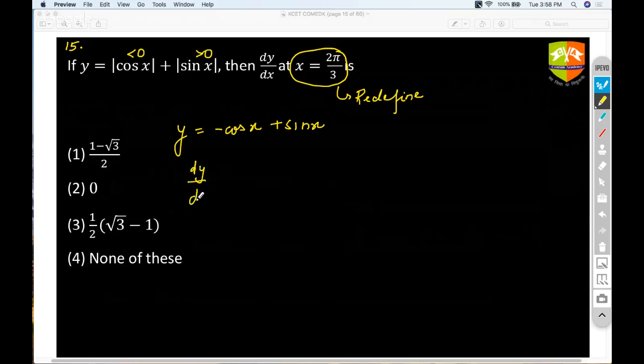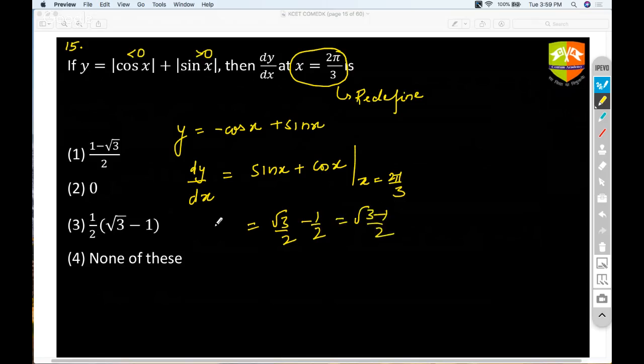So just find dy by dx for this expression, which is going to be sin x plus cos x, and put the value of x as 2 pi by 3. That's going to give you root 3 by 2 minus half. So it's root 3 minus 1 by 2. That's going to be the right answer. So yes, option number 3 is going to be correct.